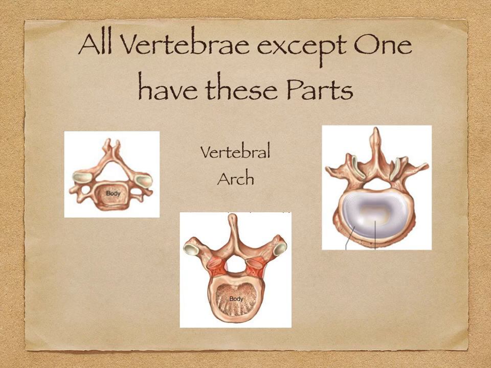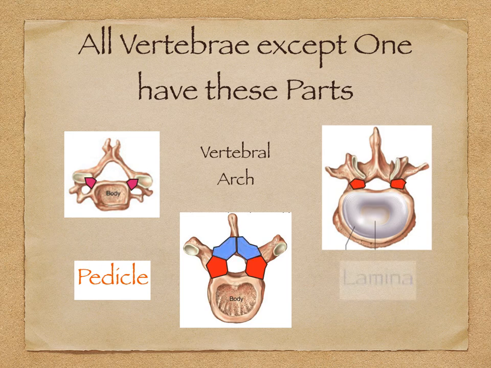All 3 of these have pedicles. We were looking at the pedicles on this vertebra before, but this vertebra here has pedicles. This vertebra has pedicles. This vertebra has lamina, and so does this one, and so does this one. And notice you have to be able to name these by location and the way they surround the vertebral foramen.